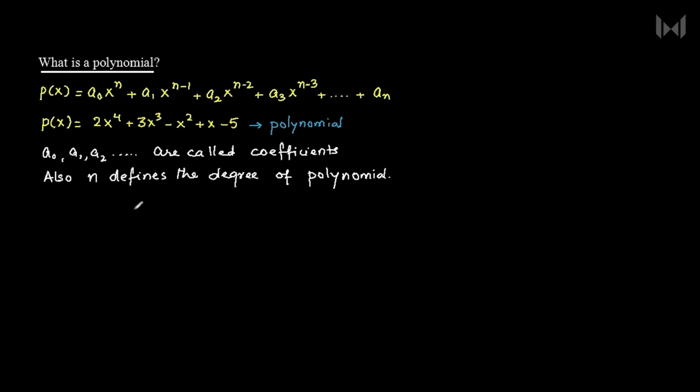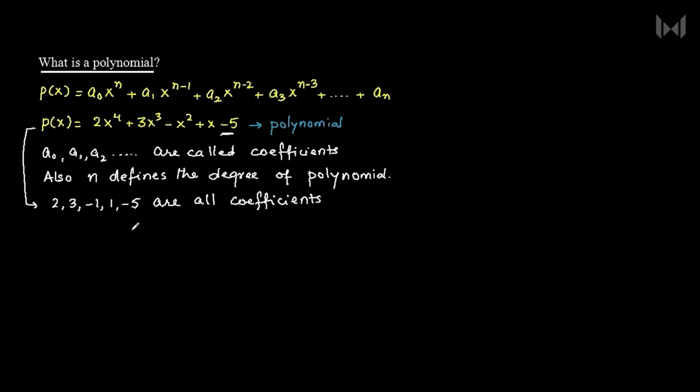So, for example, in the example which we took over here, 2, 3, minus 1, 1, minus 5 are all coefficients. Now over here we need to remember one thing. The last term, which was minus 5, is basically known as a constant.